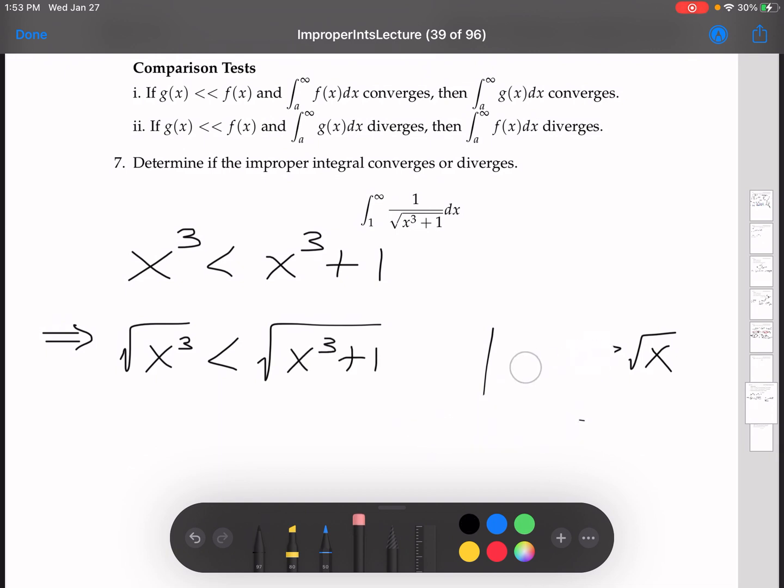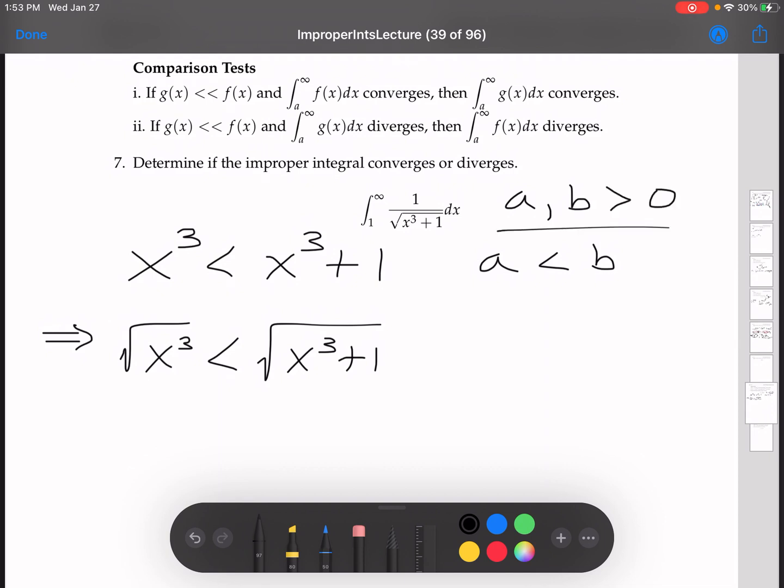And now we'll use this rule that says that if a is less than b, and a and b have to be positive for this to work, so a, b are greater than 0. We assume that if a and b are greater than 0, and in this case we're assuming that, right, because our bounds are 1 to infinity, so we're greater than or equal to 1, so therefore we're greater than 0.